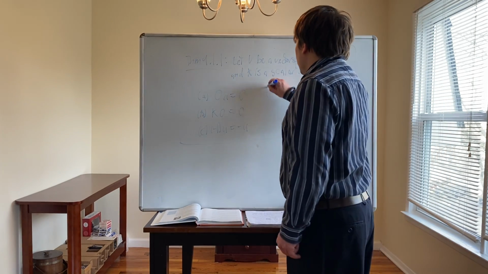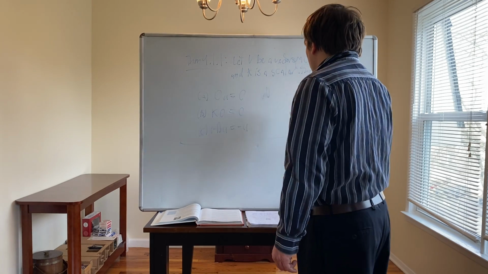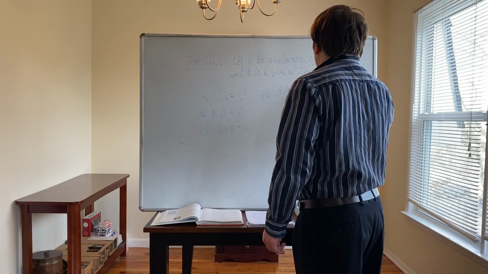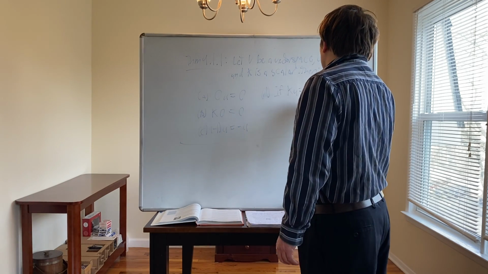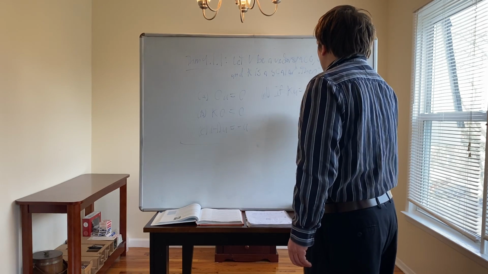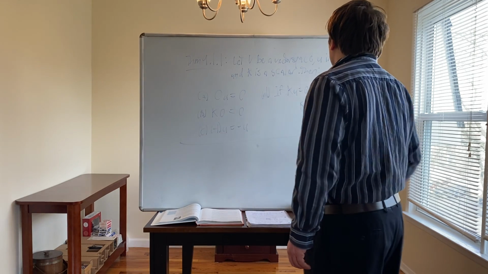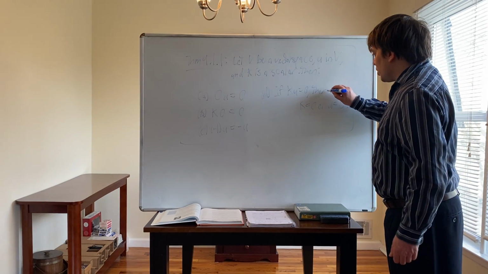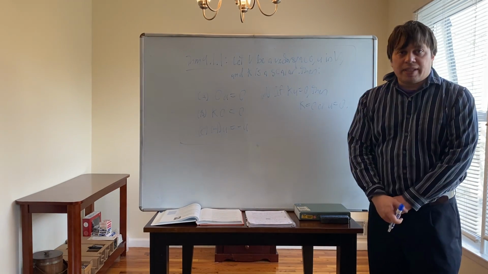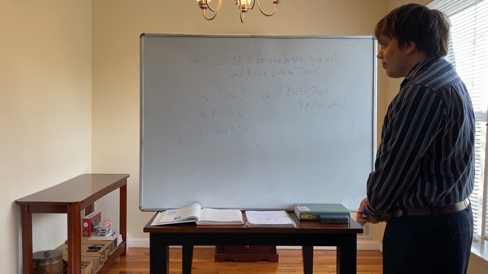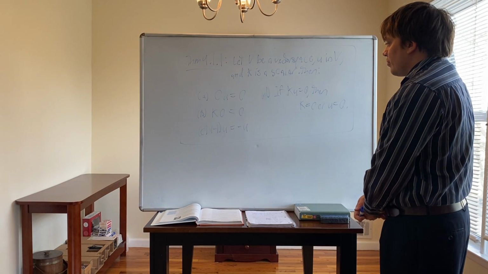Okay, and D, the fourth one, if ku equals 0, then k equals 0 or u equals 0. Okay, so if k times u equals 0, then k equals 0 or u equals 0. That's D. Alright?